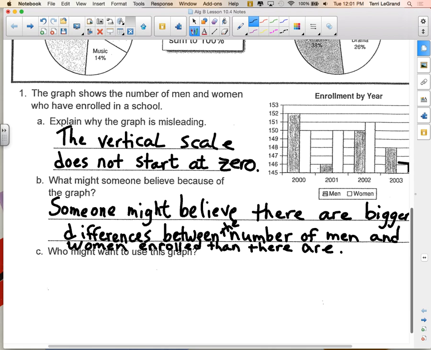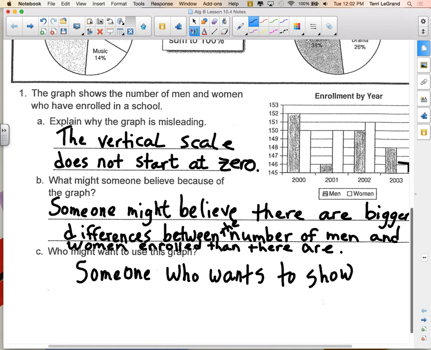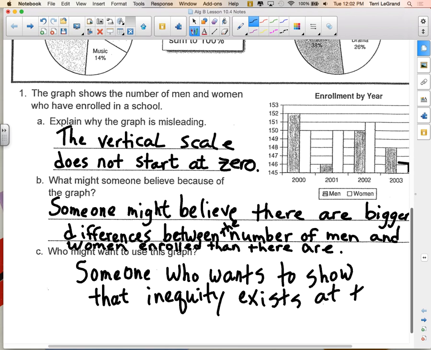It doesn't really have to do with sports, but we could show that this would be someone who wants to show that inequity exists, which is such a big deal in colleges, especially with sports, at this school.